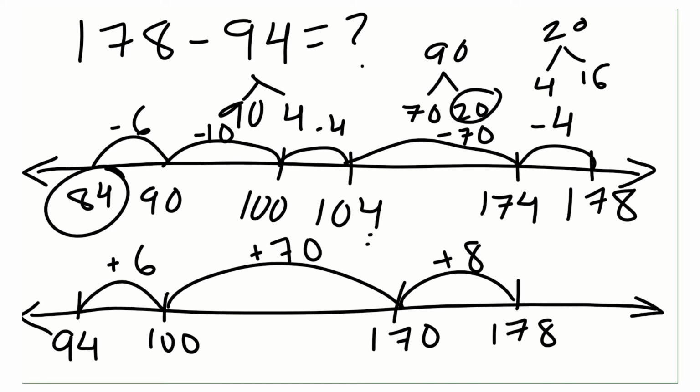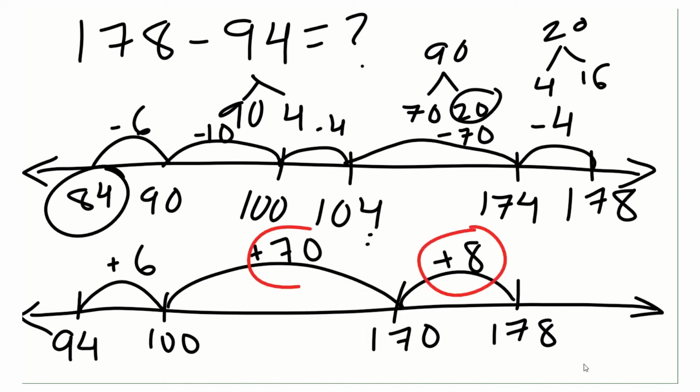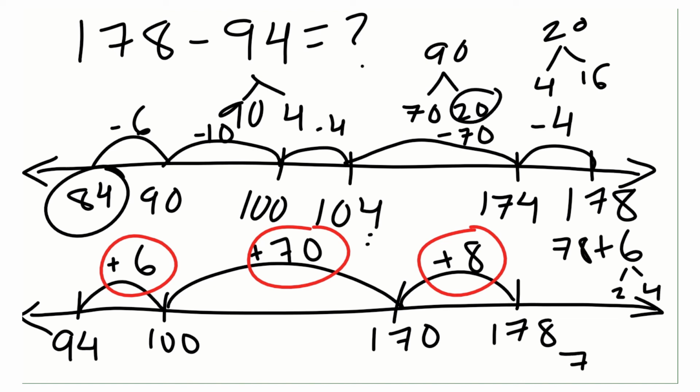Now, all that we have left to do is add up the, I'm going to use red for this, the 8, the 70, and the 6. Well, 70 plus 8 is 78. Switch to black again. 78 plus 6. Well, 6 can be broken up into 2 and 4. I'm running out of space here, but 78 plus 2 is 80.